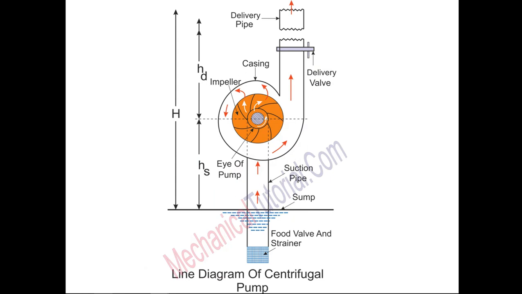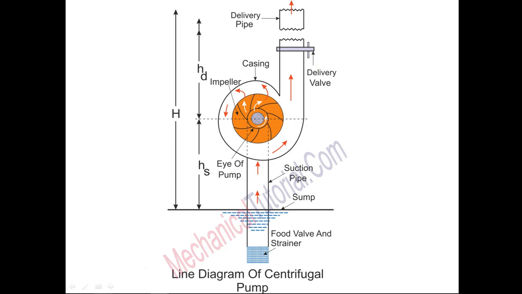A centrifugal pump works on the principle that when the liquid is rotated by an external prime mover, it is thrown away from the axis of rotation and a centrifugal head is imparted, which makes it possible to rise to a higher elevation.